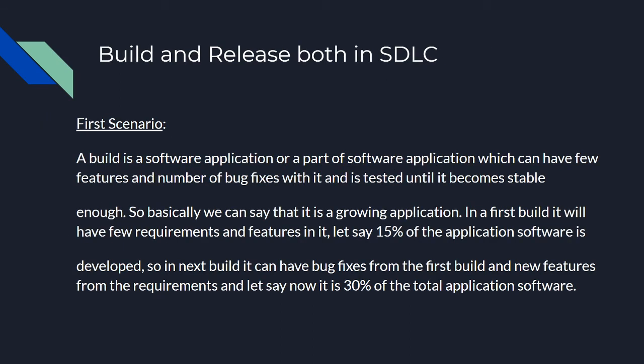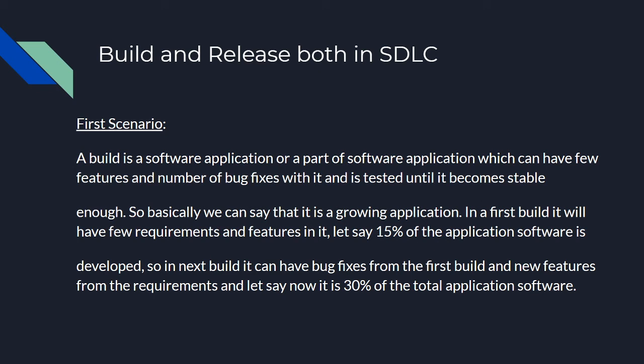Now in this slide we are going to discuss how we use build and release, both terminologies, in a single scenario, like how we describe build and release in the software development or software testing life cycle. There are two scenarios.